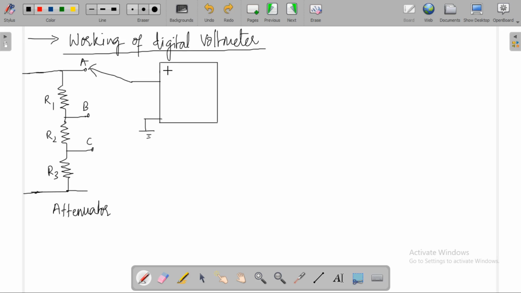Here this is ADC, analog to digital converter. Here we use dual slope integrating type ADC.